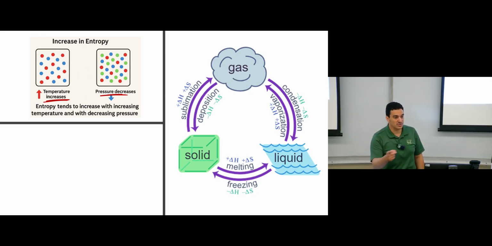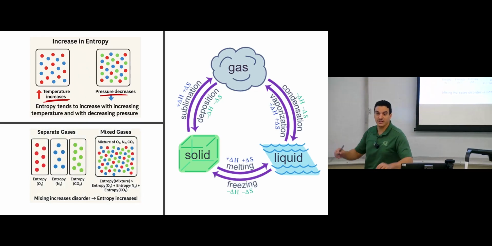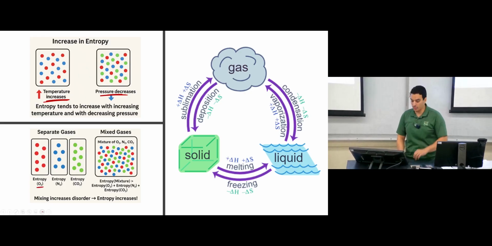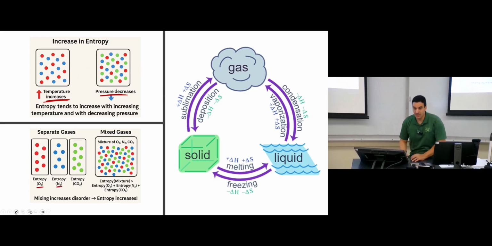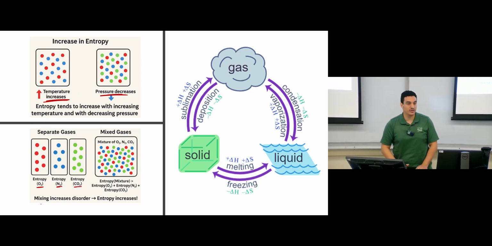So entropy increases with increasing temperature, and entropy increases with decreasing pressure. If you have mixtures, let's assume you have 3 gases: oxygen with a certain entropy, nitrogen with a certain entropy, and carbon dioxide with its entropy.